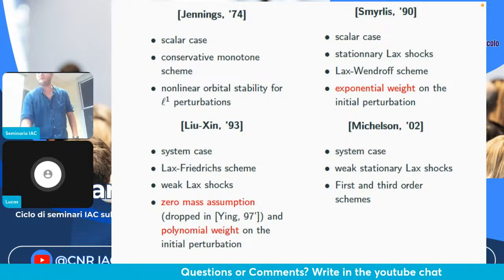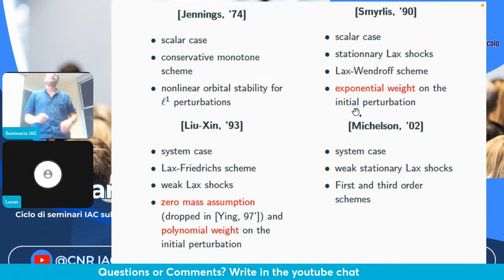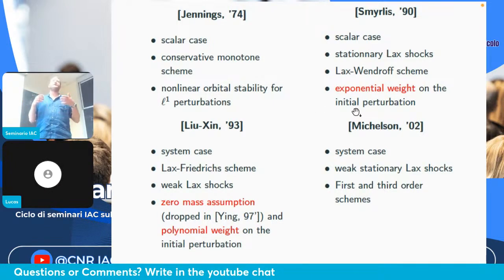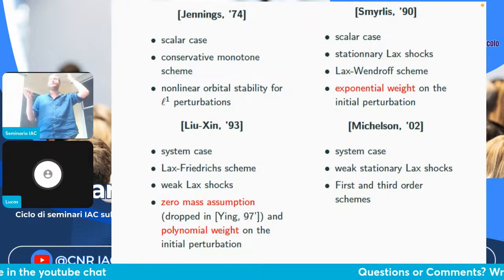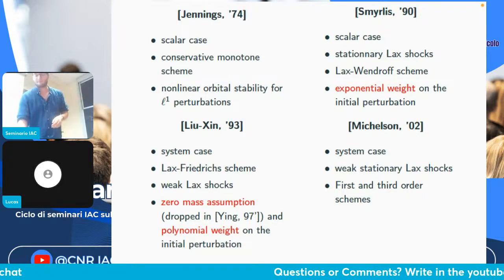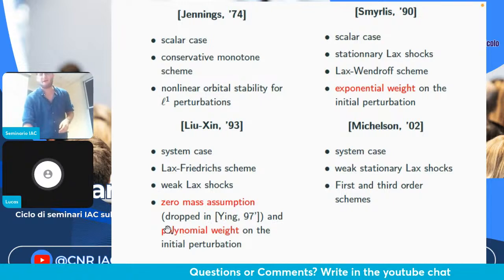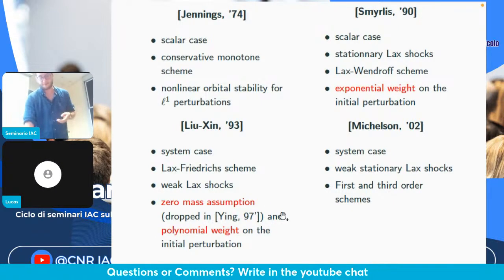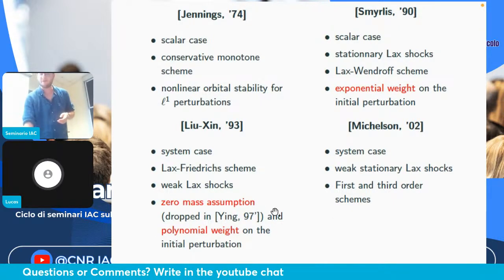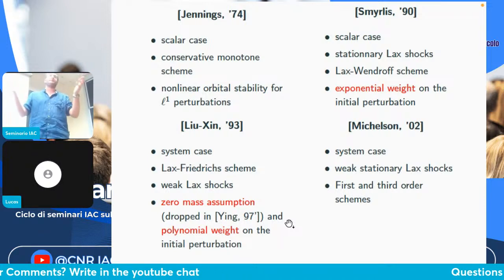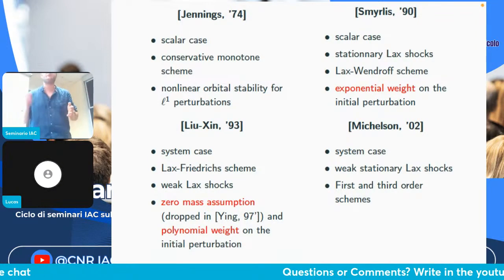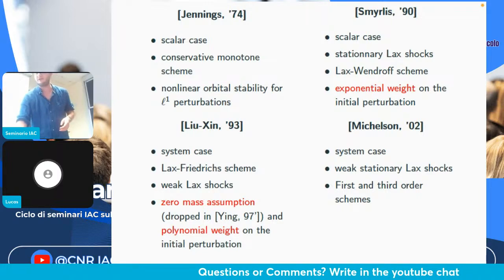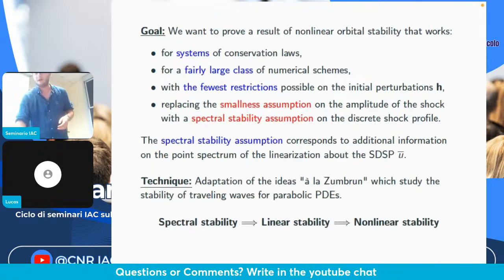Either by assuming that they must be small in some exponentially weighted Lp space, or that they must satisfy polynomial weights, for instance, or that they must satisfy some zero mass assumption. As we saw earlier, it's sometimes quite interesting because you converge back towards the initial discrete shock profile.